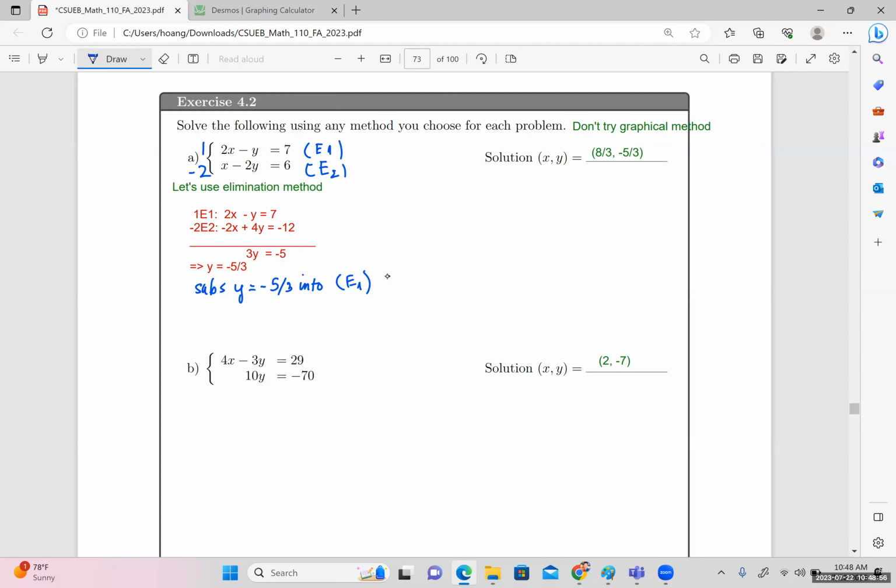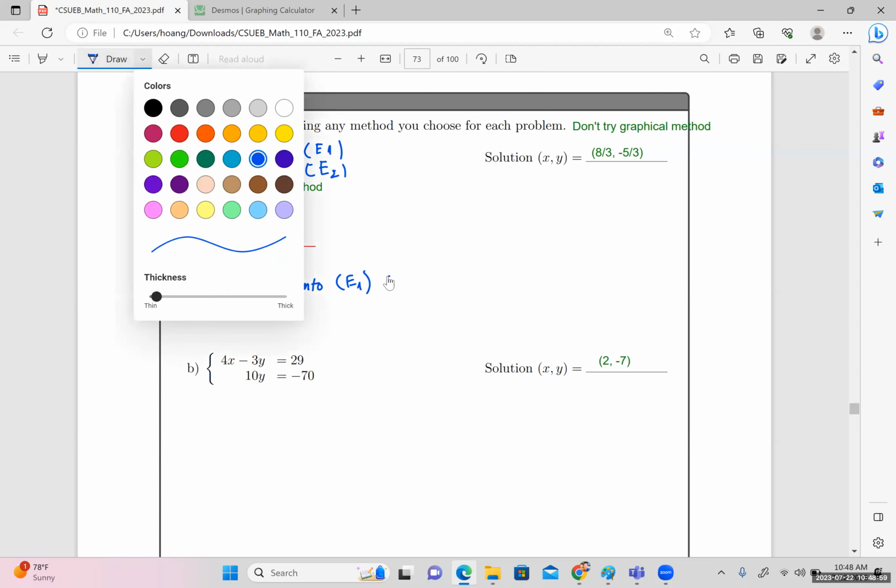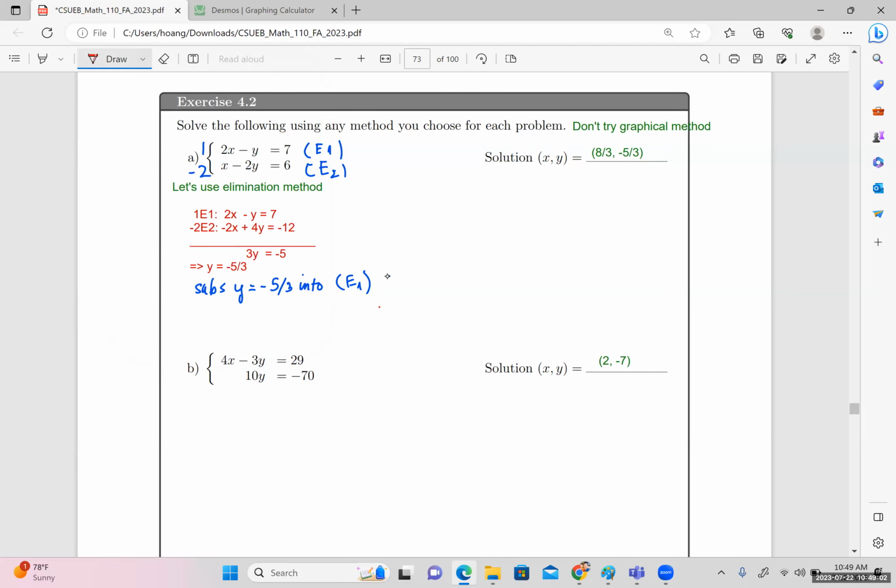Then you will have 2x minus -5/3, right? Equal to 7. So simplify, I have 2x plus 5/3 equals 7.